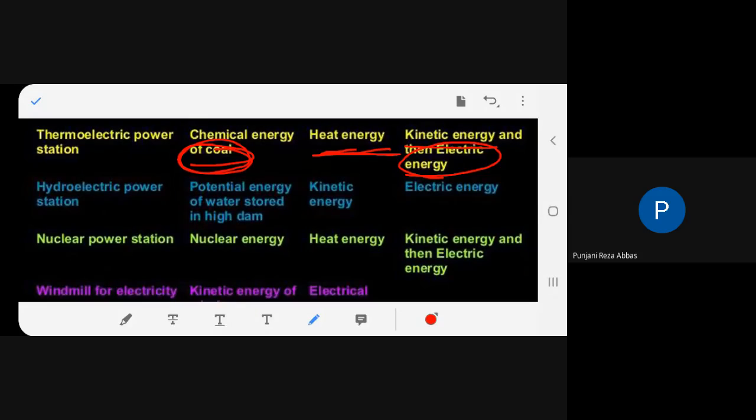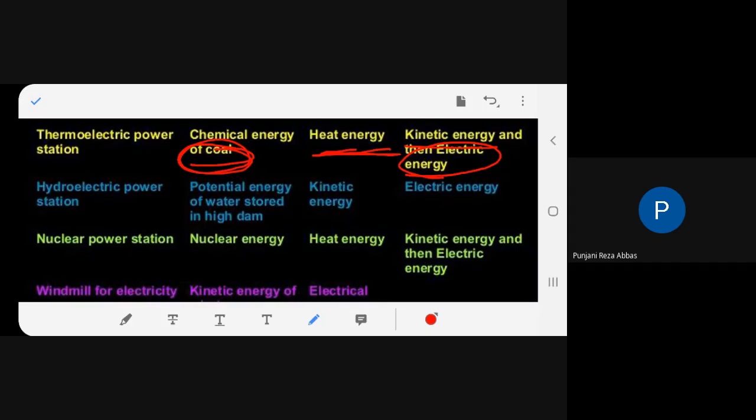Hope you understand how it works. The chemical energy of coal, because we know that it is a fossil fuel. So fossil, you should know that it is chemical: plants, organic, carbon, hydrogen, oxygen. Now when you burn coal, obviously the chemical reactions are giving out heat energy.